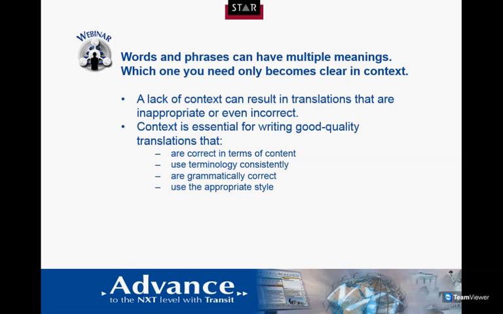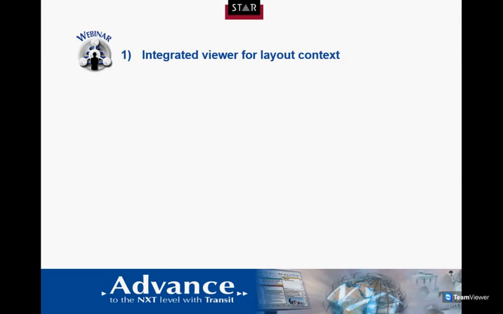It is essential to know the context or to be able to look it up. When we have the context, we can write good quality translations: translations that are correct in terms of content, consistent, grammatically correct, and use the appropriate style.